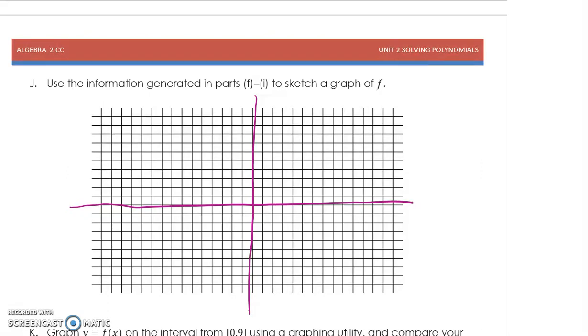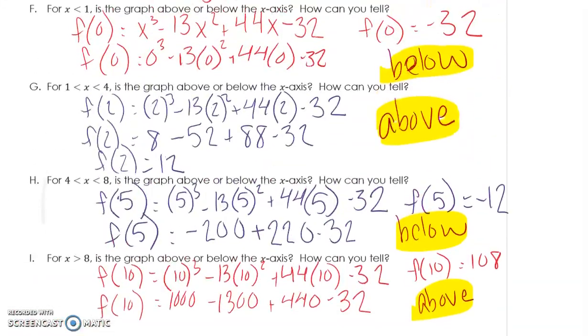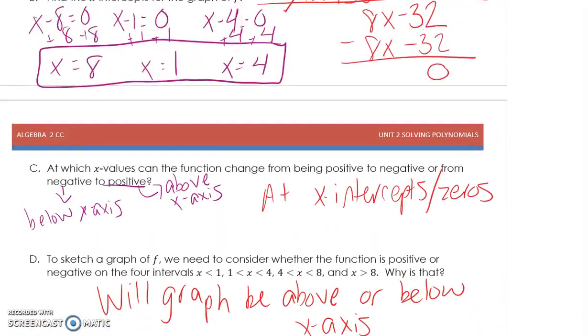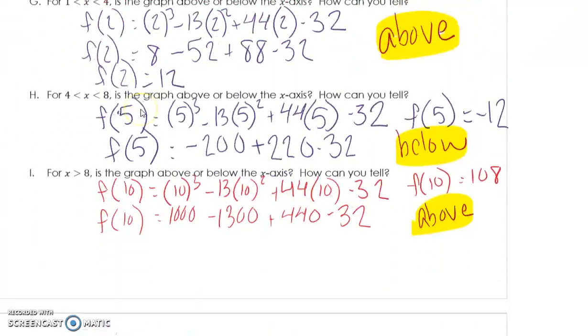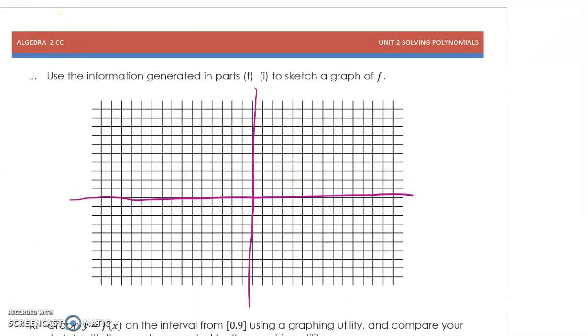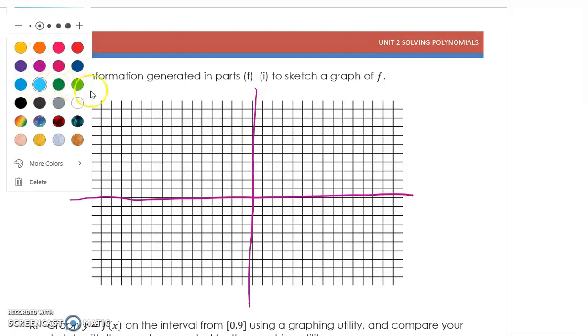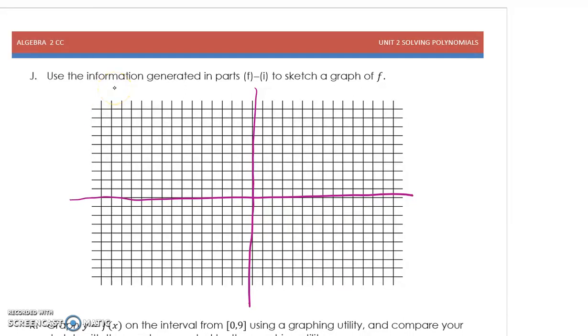So if you can't remember what ones we had, you're going to go back up, and they're coming right from this part here, part B. So we have 8, 1, and 4. So I'm going to go on my x-axis, and I'm going to place a point on 8. There's 1. There's 4.